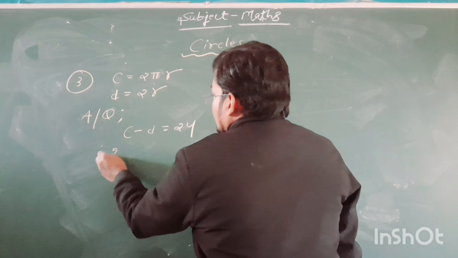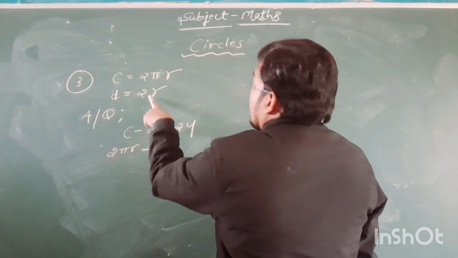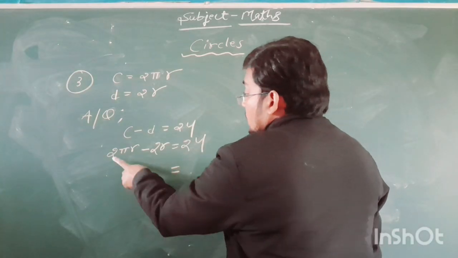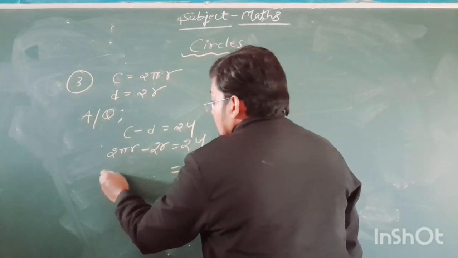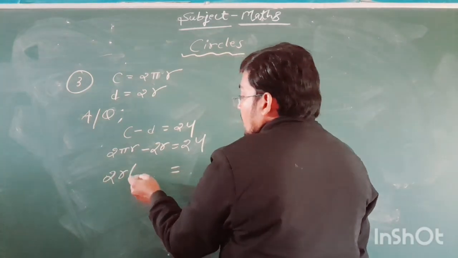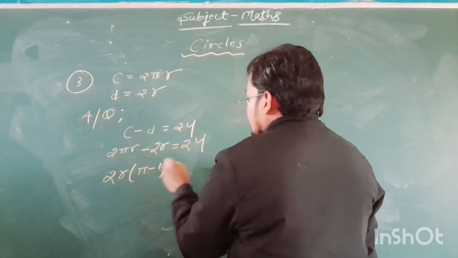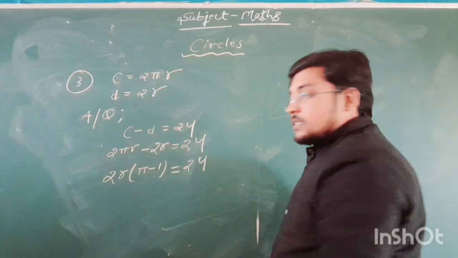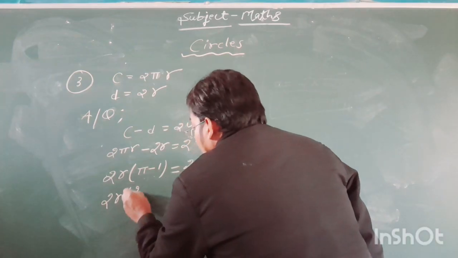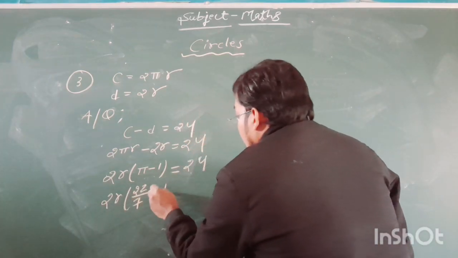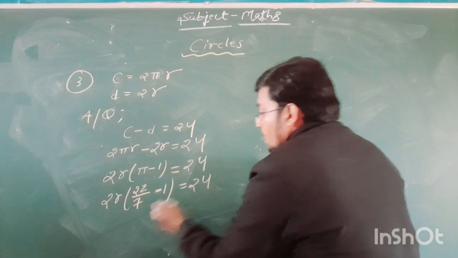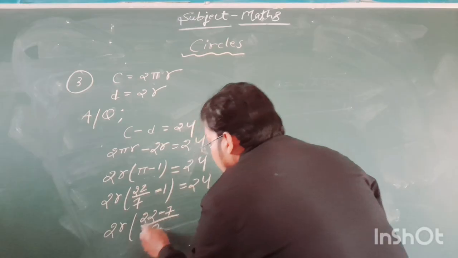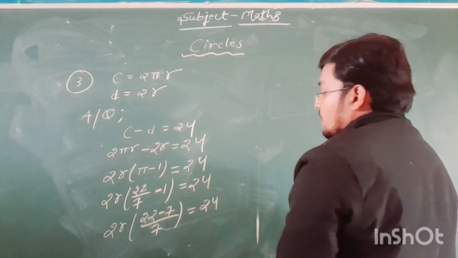So circumference of the circle is 2 pi r minus diameter of the circle 2r is 24. Here 2r is common in both terms, so we get 2r, and in round brackets pi minus 1, is equal to 24. The value of pi is 22 by 7, so we put 22 by 7 minus 1 is equal to 24, and 2r into 22 minus 7 upon 7 is equal to 24.